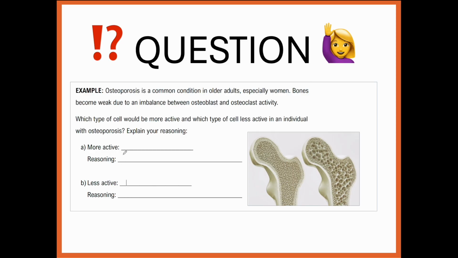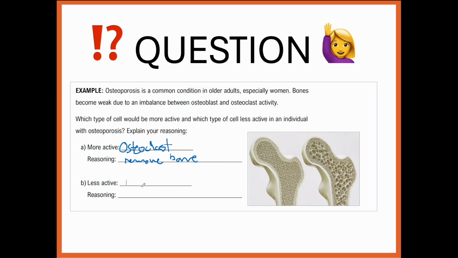So, the most active cells, I would say, are the osteoclasts, right? The reasoning for this is that they remove bone. So maybe they're too active, and they're just chewing away at this bone.